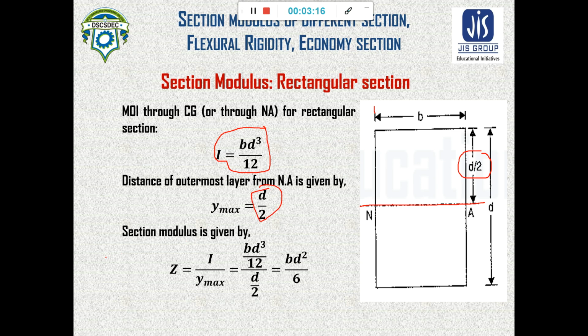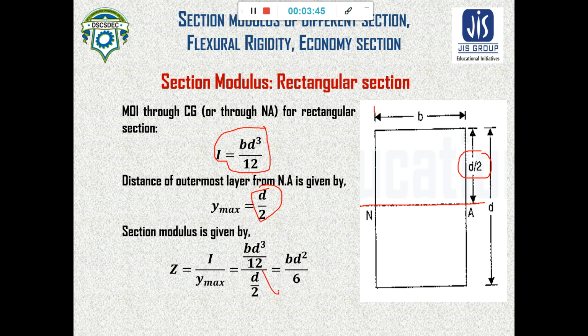Now we know the section modulus is the ratio of moment of inertia to the distance of the outermost layer from the neutral axis, that is y max. So Z is I by y max. If we put the values of I and y max here, we get b d cube by 12 divided by d by 2.